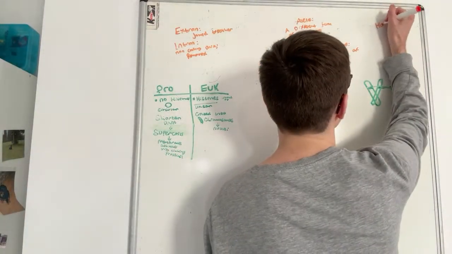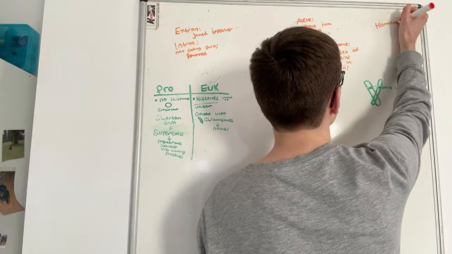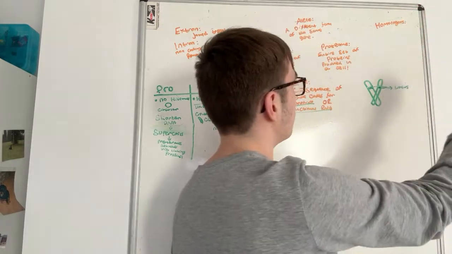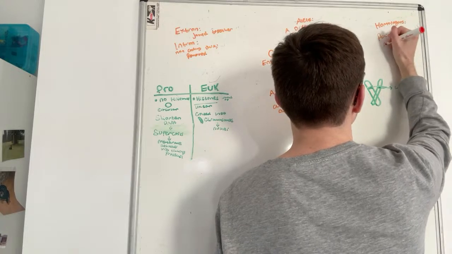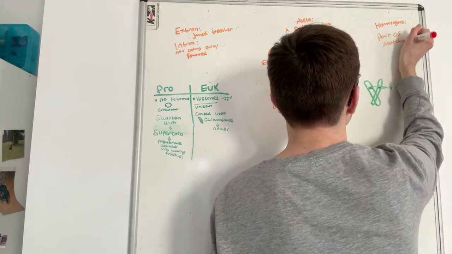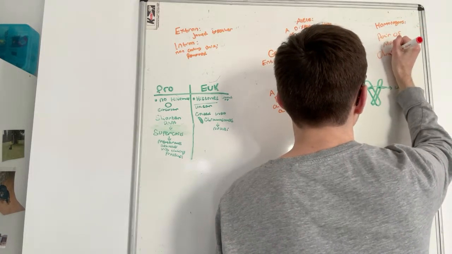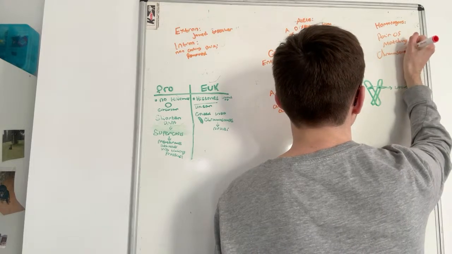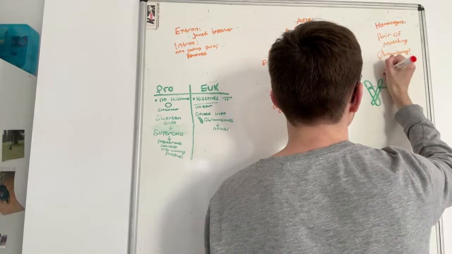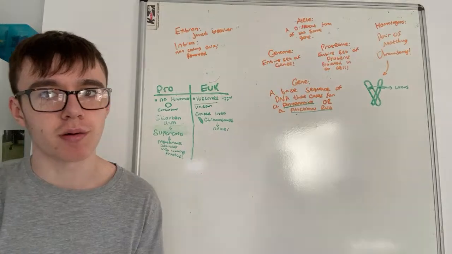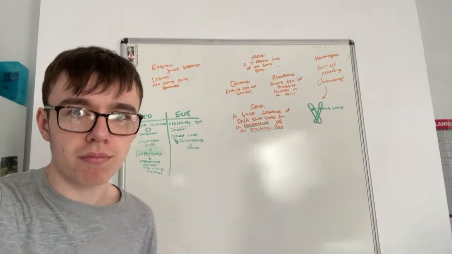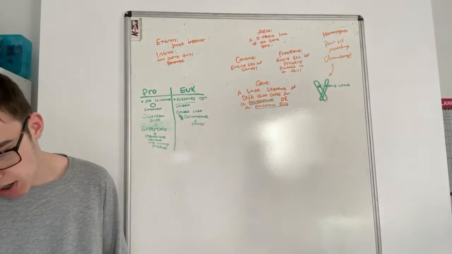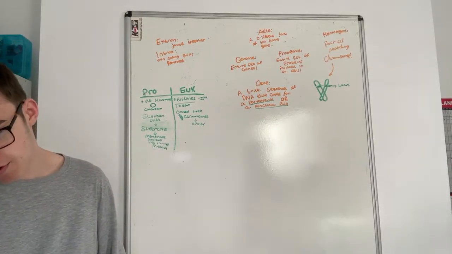Homologous is just a pair of matching chromosomes. That makes sense. I'm going to move this back a little so you guys can see. Okay, so we can draw the first one.